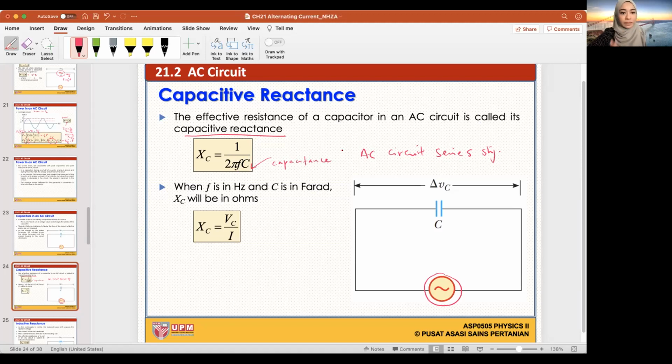Okay, so dia ada perbezaan. It needs to have the omega C. 1 over omega C, or 1 over 2 pi F C. This is called capacitive reactance, where F is in hertz and C is in farad. Capacitive reactance will be in ohms. Now, in DC, kita cakap capacitor is in farad, right?